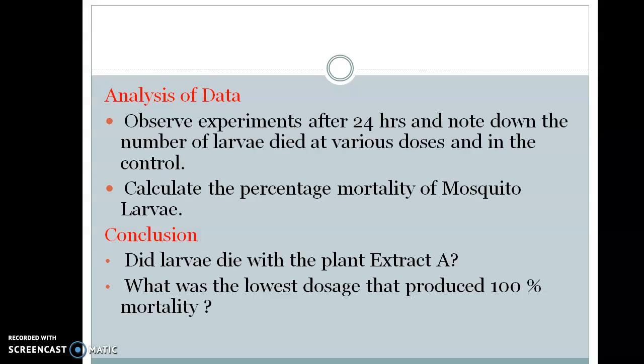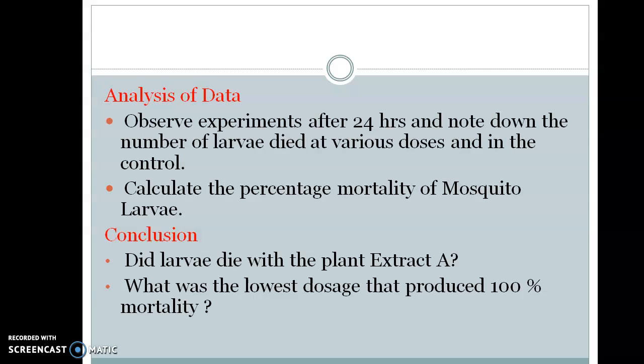We are making the conclusion based upon this analysis as to whether there is any effect on the mosquito larvae by applying this plant extract, and if yes, what is the lowest dosage that can be applied for making 100% mortality to the mosquito larvae. So this is the planning of experiment. Okay, in this way we are planning an experiment.